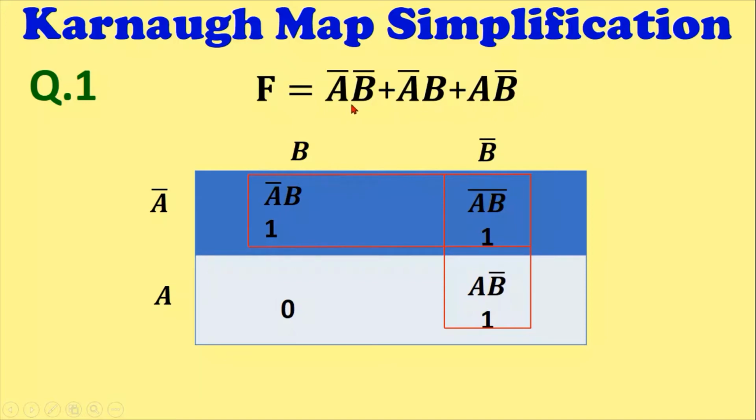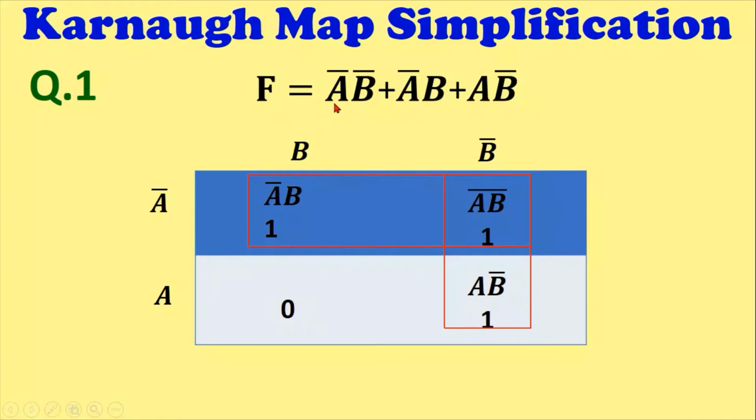There are 2 variables, that's why we draw 4 boxes, means 2 to the power 2 means 4 squares or 4 cells. So you can see we have 4 cells. And after that there are 3 terms given. So one by one we have to find the terms in this given Karnaugh map.